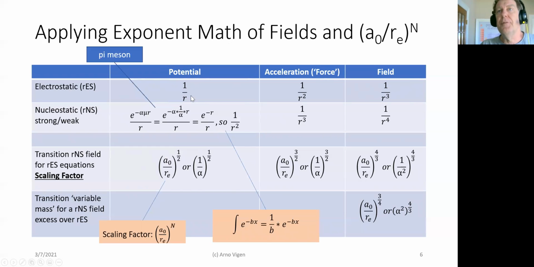So the important thing here is that potential is 1 over r for electrostatic. Acceleration is 1 over r squared. We know that from the Coulomb constant, okay? And the same would apply if you divide that by mass, okay? It still is going to be a 1 over r. And the field is 1 over r cubed. And of course, that makes sense for a radial force, because the volume of it will be 4/3 times pi r cubed.